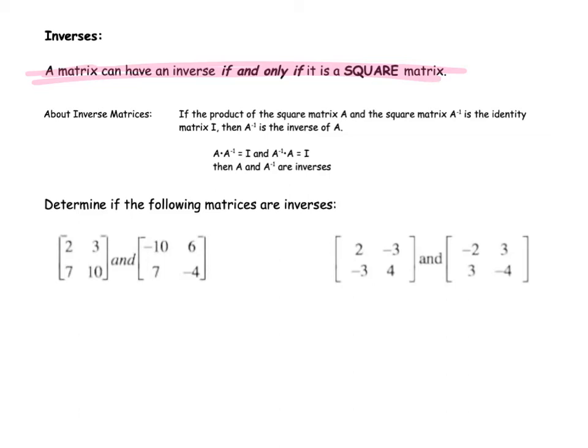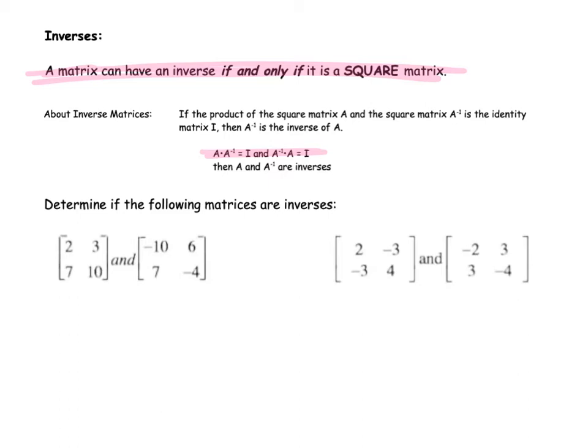Then here it says if the product of the square matrix A and the square matrix A inverse is the identity I, then A inverse is the inverse of A. So basically, if I multiply A times A inverse and A inverse times A, and I get the identity both times, then A and A inverse are inverses of each other.